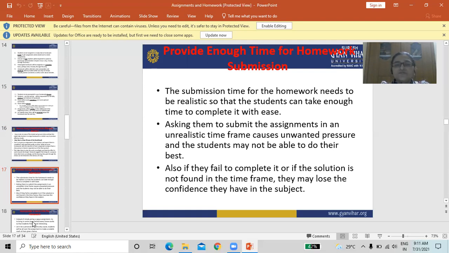Also, if they fail to complete it in the time frame, they may lose the confidence they have in the subject. So, provide enough time for homework submission.